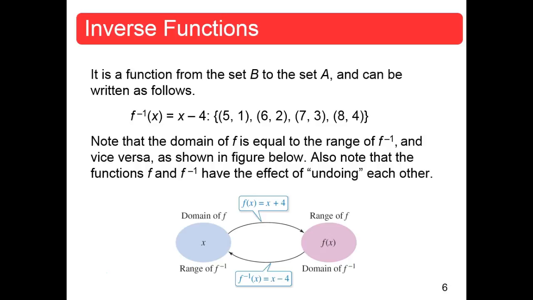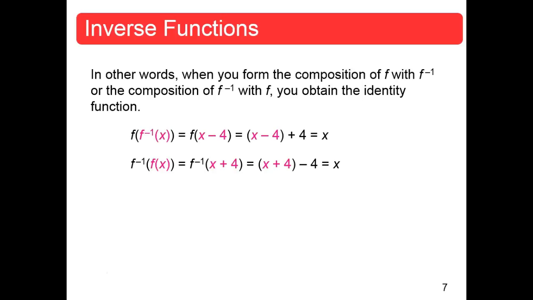So one undoes the other. Whichever one you started with, you can get back to the other one the other way. In other words, when you form the composition of f with f inverse, or the composition of f inverse with f, you wind up back where you started, which is the identity function. F of f inverse: f inverse is x minus 4, and f operating on x minus 4, remember f was x plus 4?